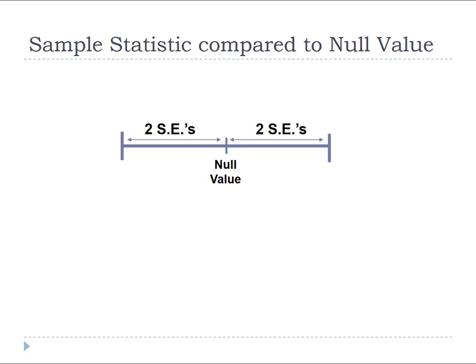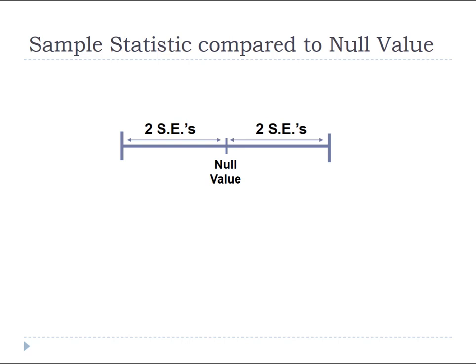We have to decide where to draw the line that represents the border between sticking with the null hypothesis or rejecting it in favor of the alternative. If our sample statistic crosses that borderline, we have moved beyond what is considered a reasonable doubt. We will reject the null hypothesis and state we have found statistical evidence in favor of our alternative research hypothesis.